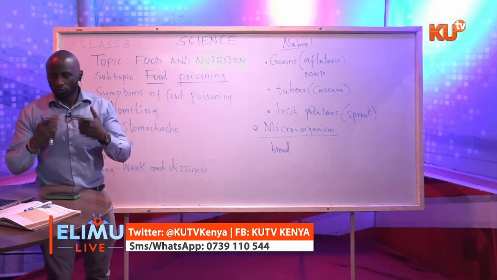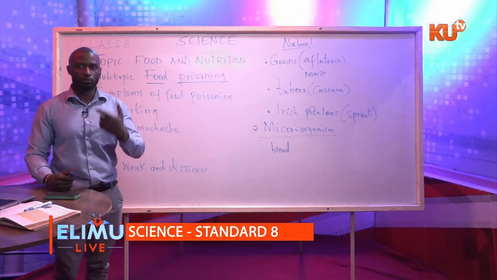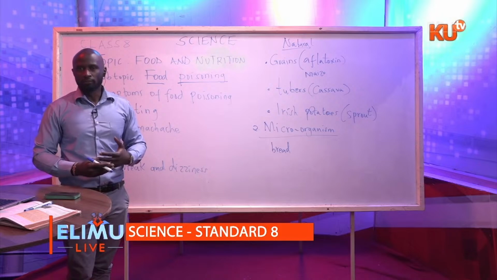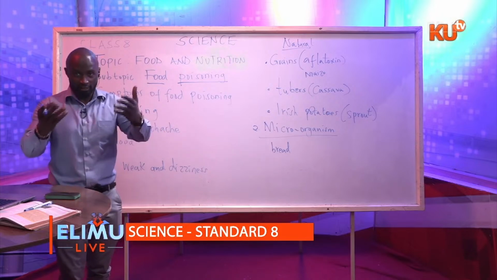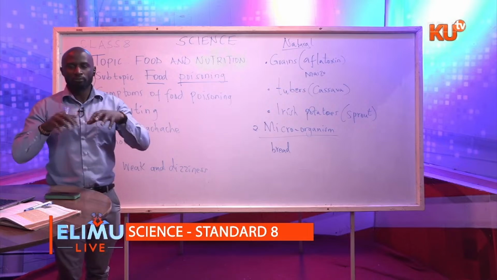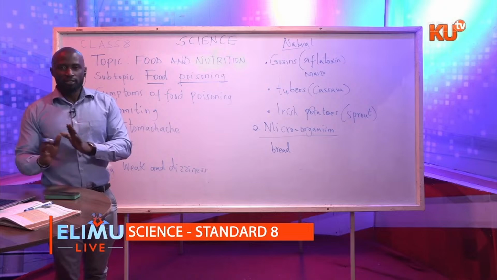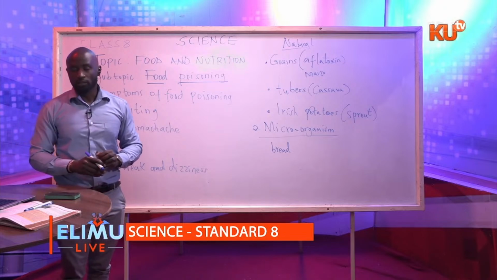It is a good thing for us to talk of ways of preventing food poisoning. At this particular point in time, people indulge in eating healthy. So we have to be hands-on to ensure that we prevent cases or instances of food poisoning.